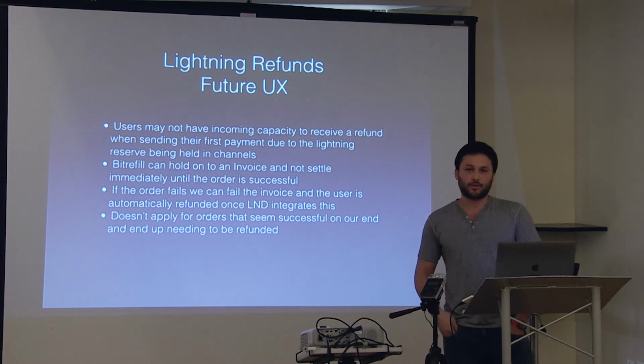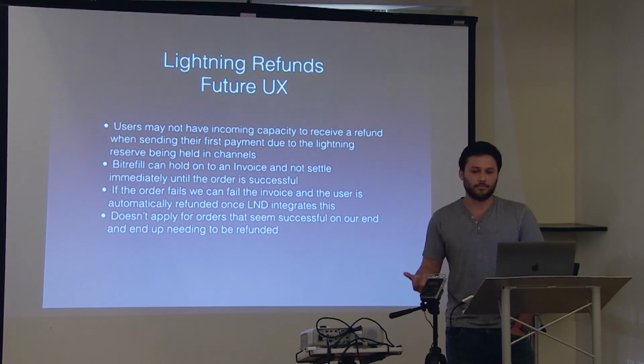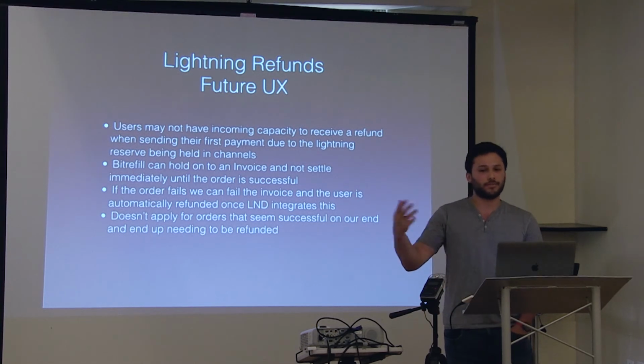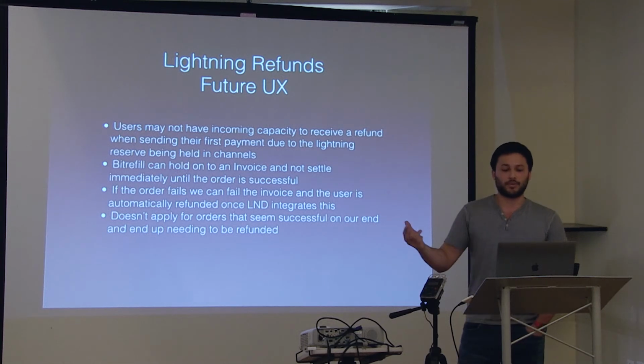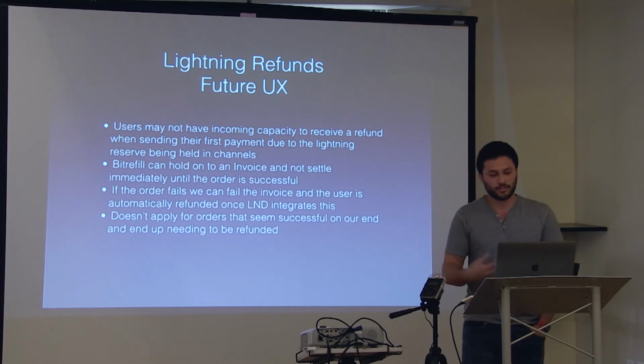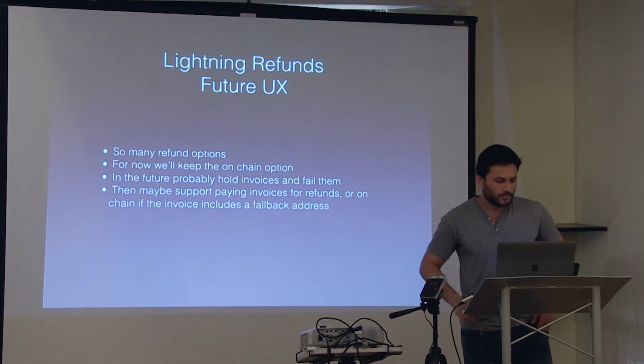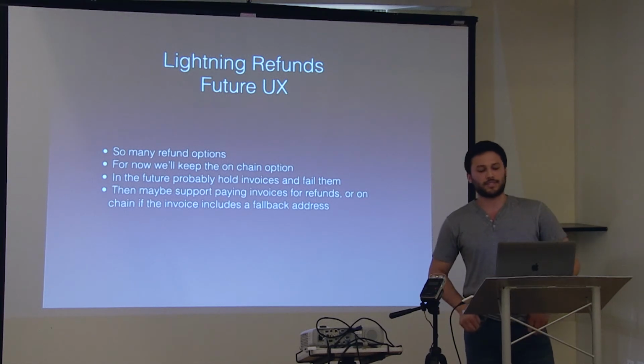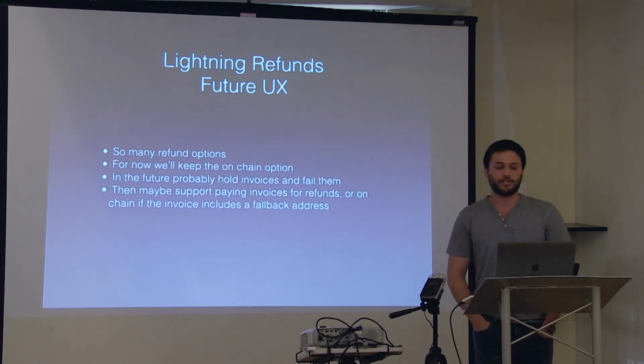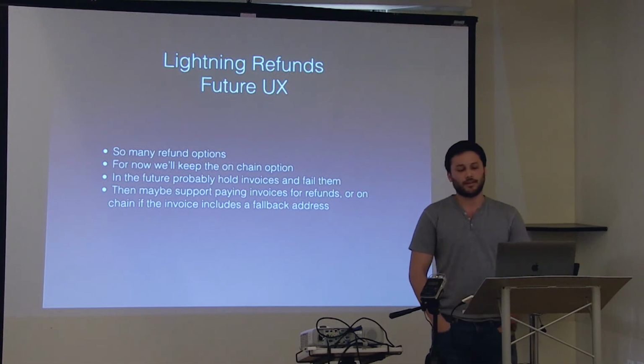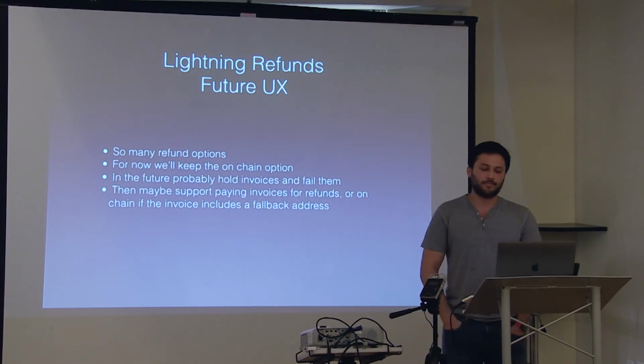It doesn't really apply for all failure cases. There are cases where I have orders that may seem successful and fail at a later point, or stuff like that. So there are many different refund options, and I think for now I'll keep the chain option and maybe offer off-chain.